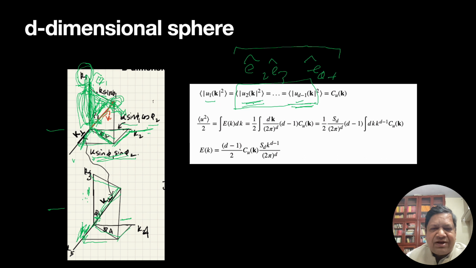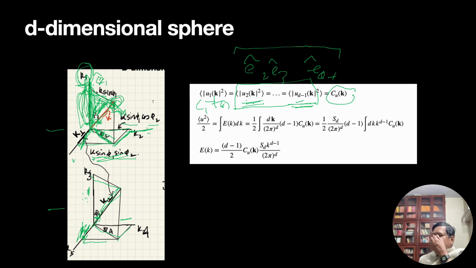Okay? And if I take the mod square, then I'll get the correlation of the component. So this is U1 mod square, which I can call C1 of K. This is C2 of K, C3 of K, and so on. So we make a notation, it's called Cu of K. For isotropic flows, which will be assumed for this lecture, all the components have equal energy.